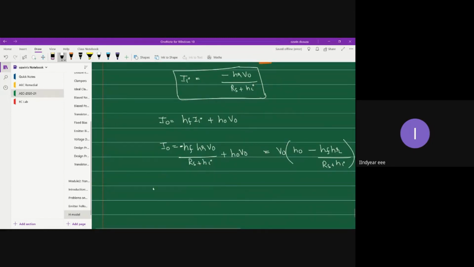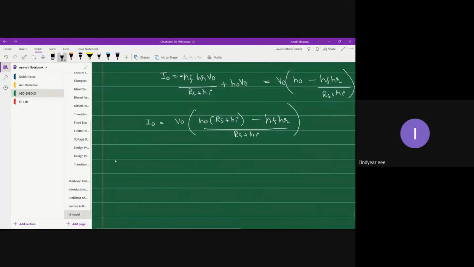You can take out the LCM. So I0 is equal to V0 times H0 into Rs plus Hi minus Hf into Hr, divided by Rs plus Hi.